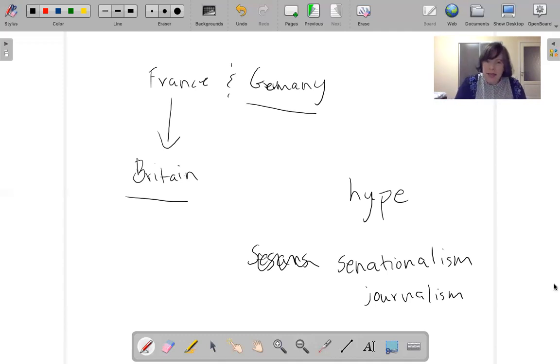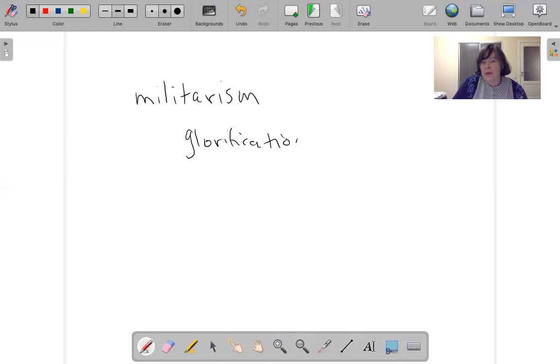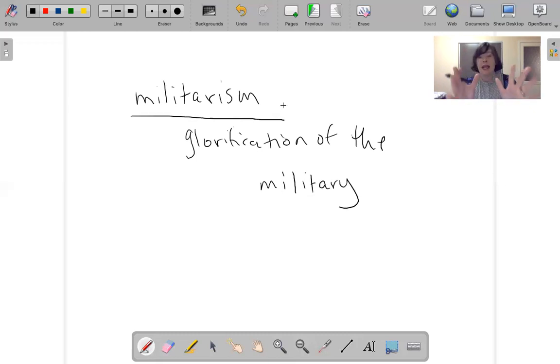And another thing that was happening was the rise of militarism, which is the glorification of the military. I think this is the same in every country. I'm American, but it doesn't matter if you're American or not. Do you kind of think that soldiers are really cool?